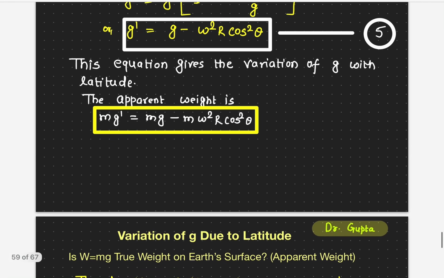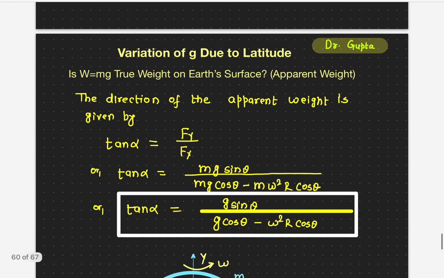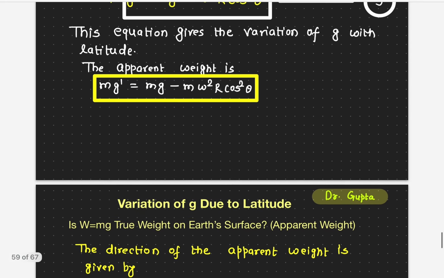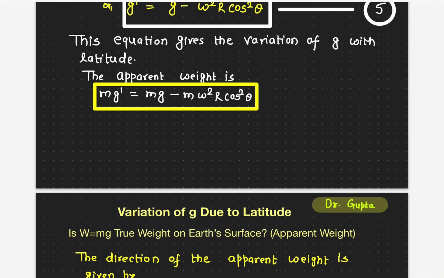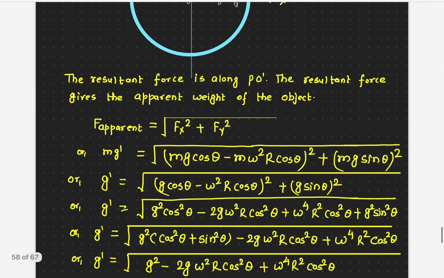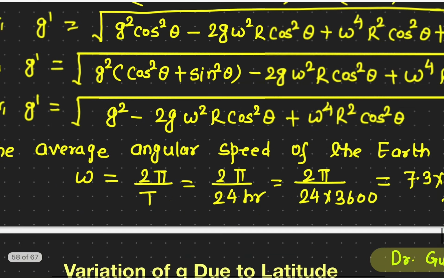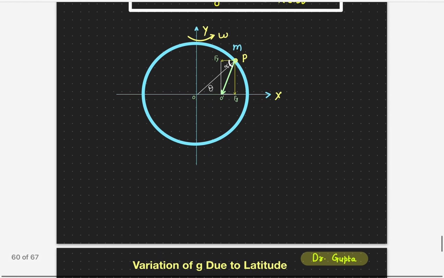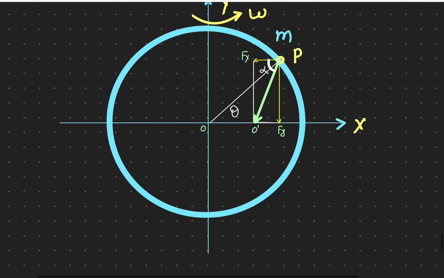So now, once we have this equation, we can find out the direction of the apparent weight. If you look at this equation here, or I have a picture here. So if you are on the earth surface, the earth attracts you towards the center of the earth.